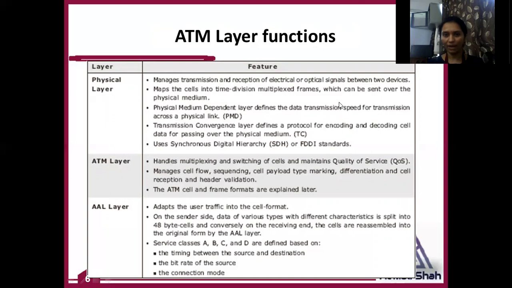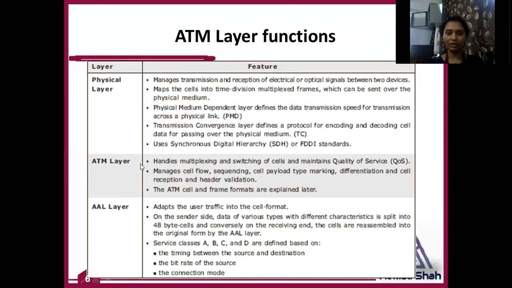The physical medium dependent layer, PMD, defines the data transmission bit timing for transmission across the physical links. The transmission convergence layer, TC, defines the protocol for encoding and decoding cell data for passing over the physical medium. It uses synchronous digital hierarchy, SDH, and FDDI standards at the physical layer.